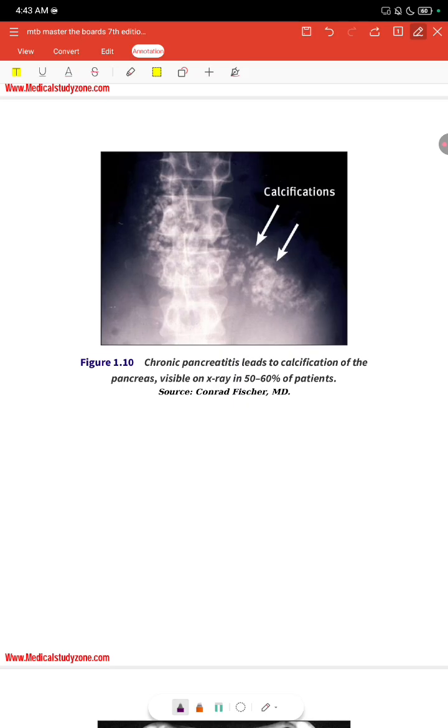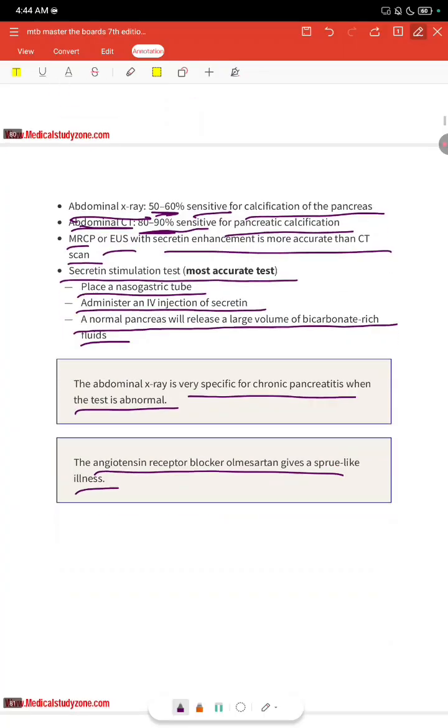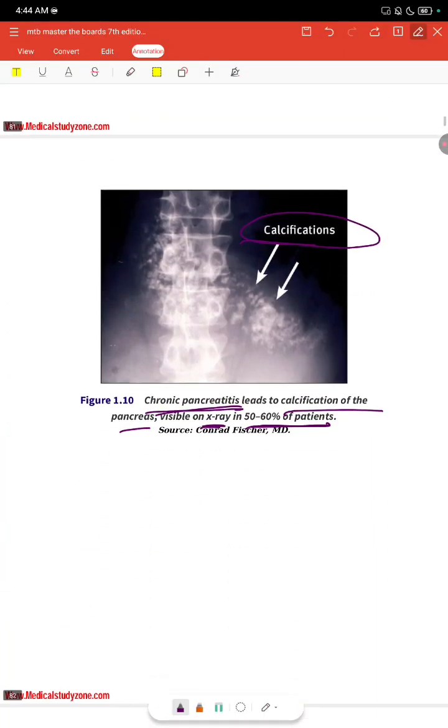So here are the calcifications shown on the X-ray. Chronic pancreatitis leads to calcification of the pancreas visible on X-ray in 50 to 60% of the patients. Its sensitivity is 50 to 60%, but it's quite specific. If imaging is showing a positive finding like this, then it is definitely a case of chronic pancreatitis.